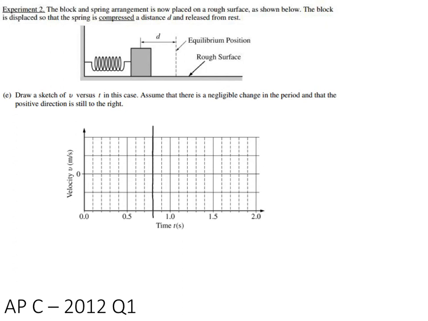And I'm going to assume it starts off, this says positive is to the right. Since this block is displaced here, and I think it's supposed to be moving towards the equilibrium, this object is going to initially go to the right.